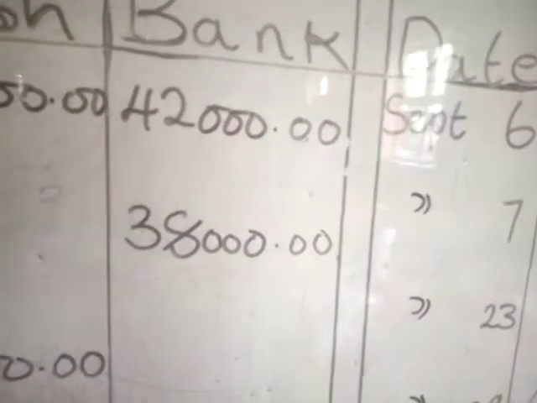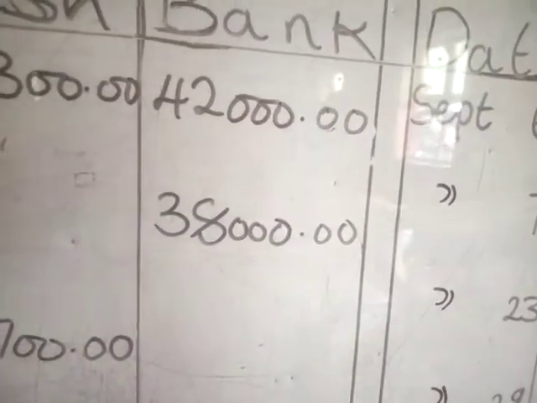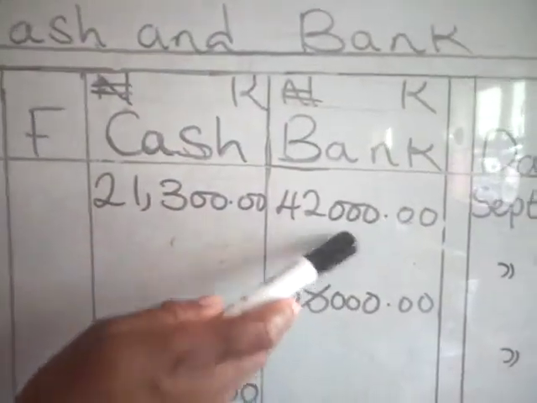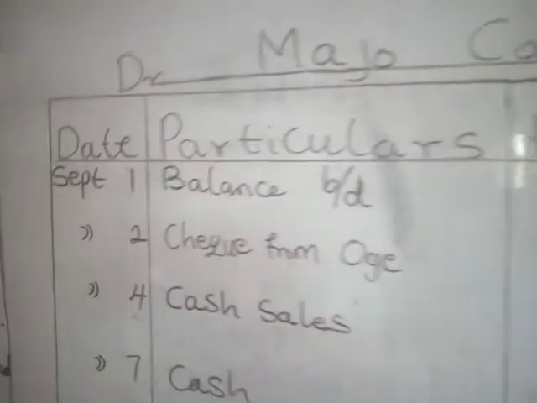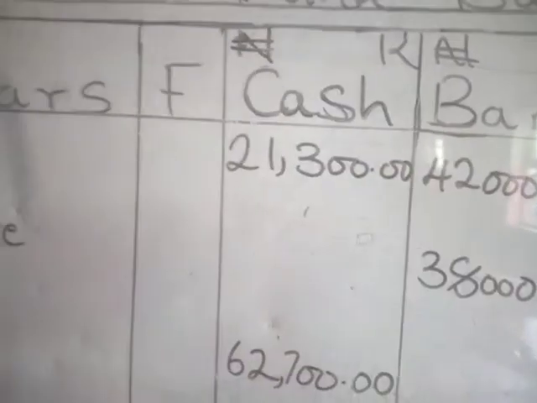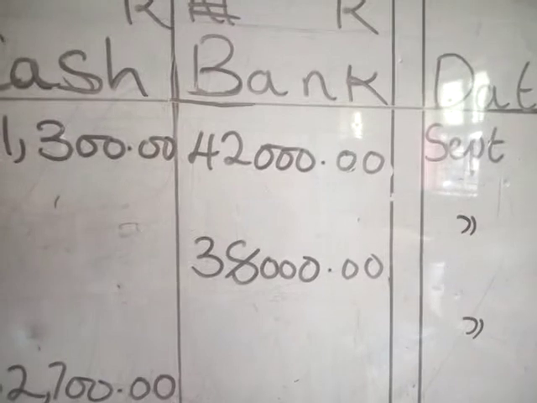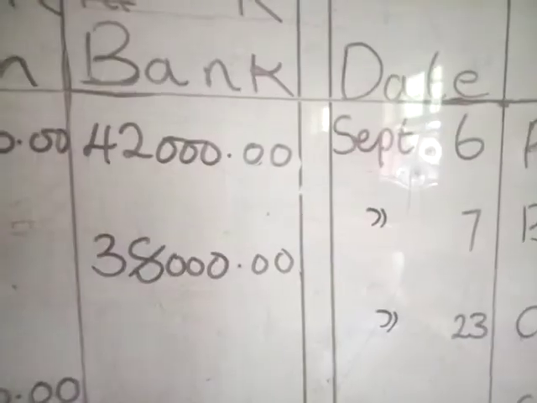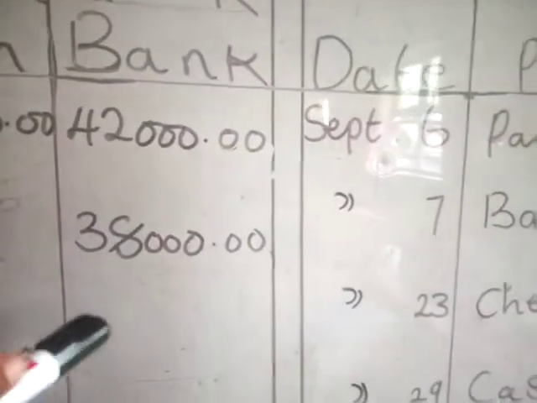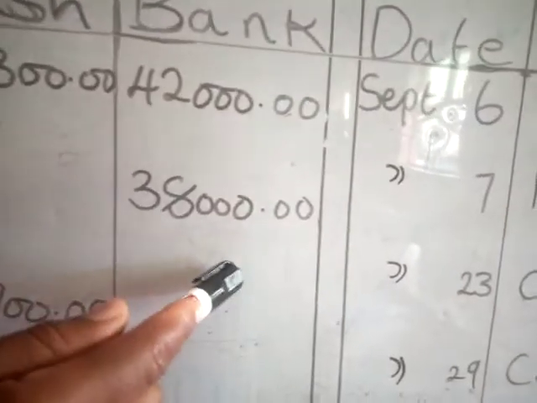The cash means the physical cash they have at hand, and the money they have in bank is 42,000 naira. On the 2nd, check from Oge. Since it's a check, it has to do with bank, so they received it from Oge and it's an income. So you have to debit it and it should be recorded under the bank column.